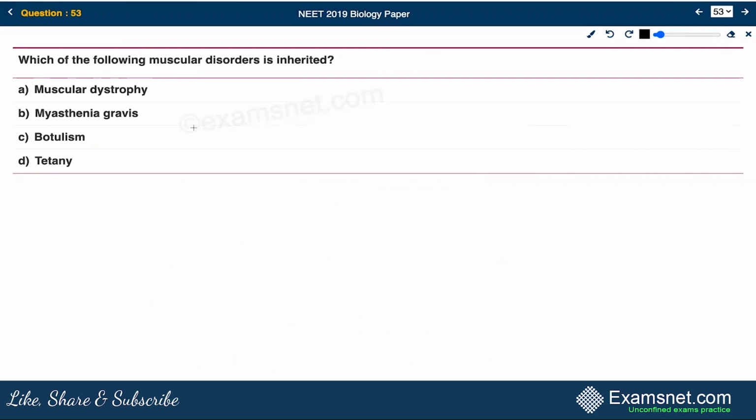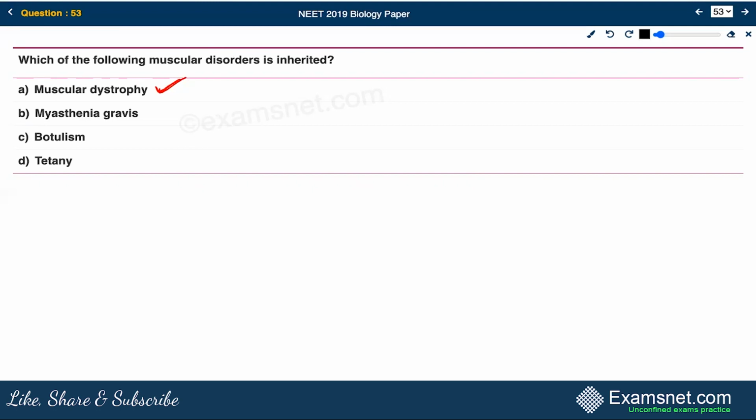Out of the disorders listed below, that is muscular dystrophy, myasthenia gravis, botulism, and tetany, it is asking about an inherited disorder. So the answer will be muscular dystrophy.